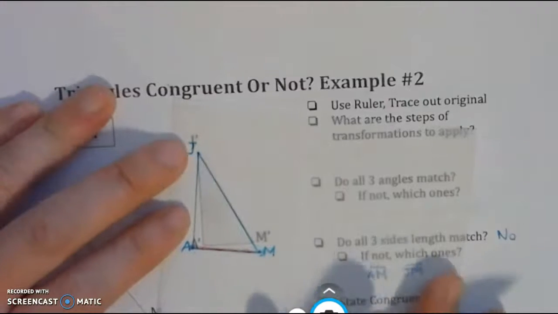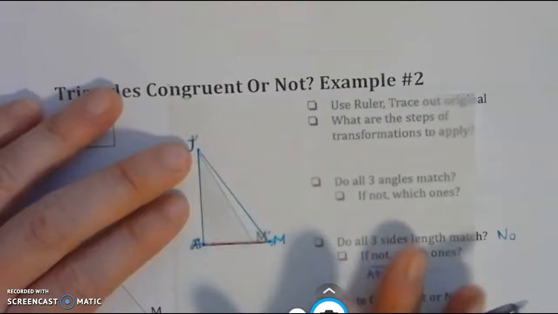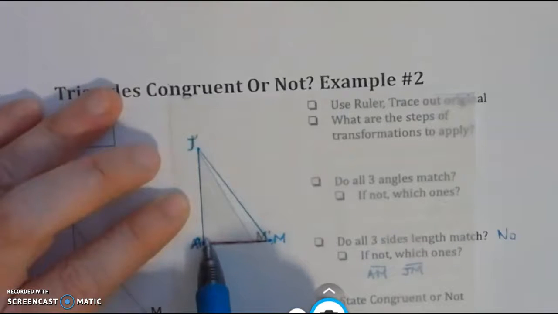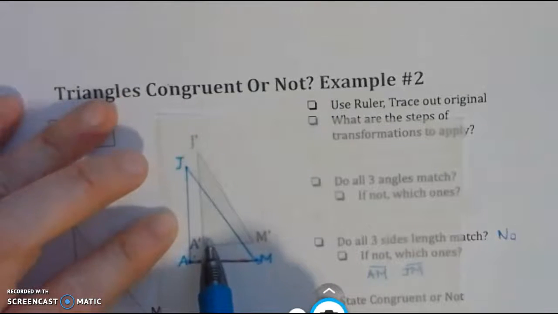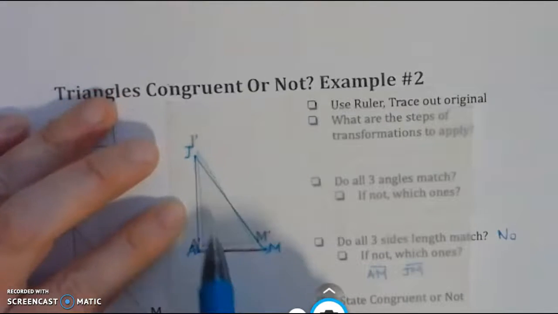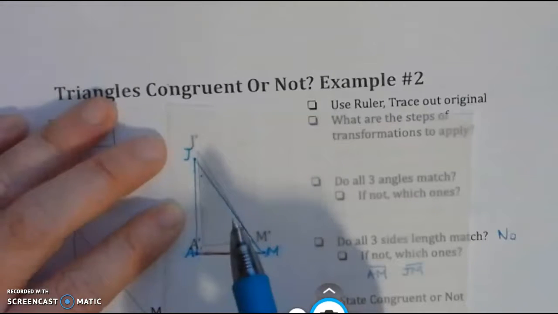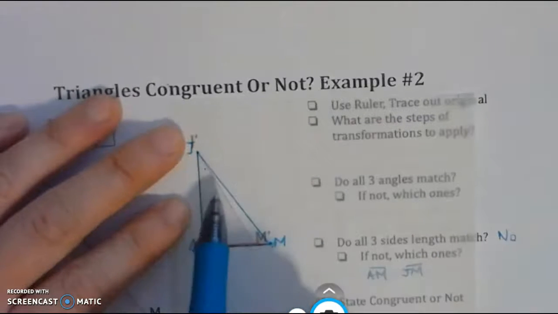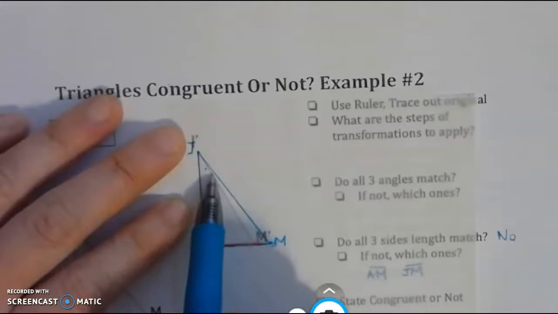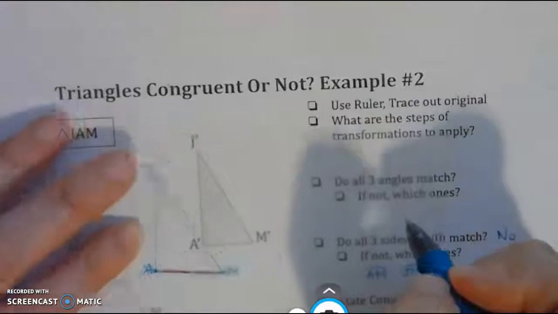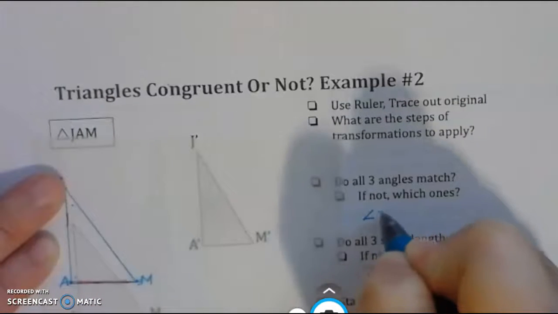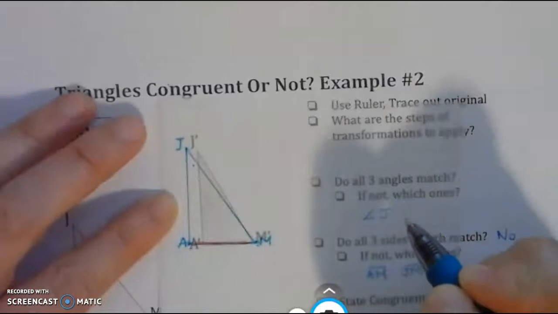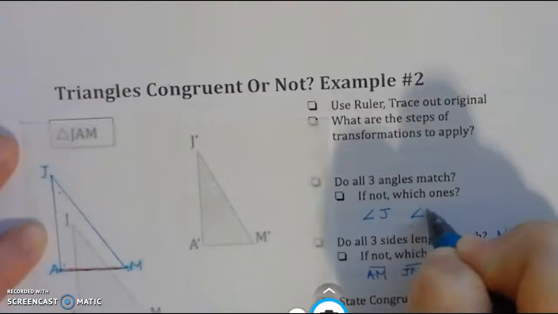Okay, so what about the angles? Does this angle, angle A, match up? This angle here and this angle here, do they match up? Yes, they do. What about this angle? From my original to the new, you can see that the new one is slightly smaller. So angle J does not match. What about angle M? Angle M also does not match.